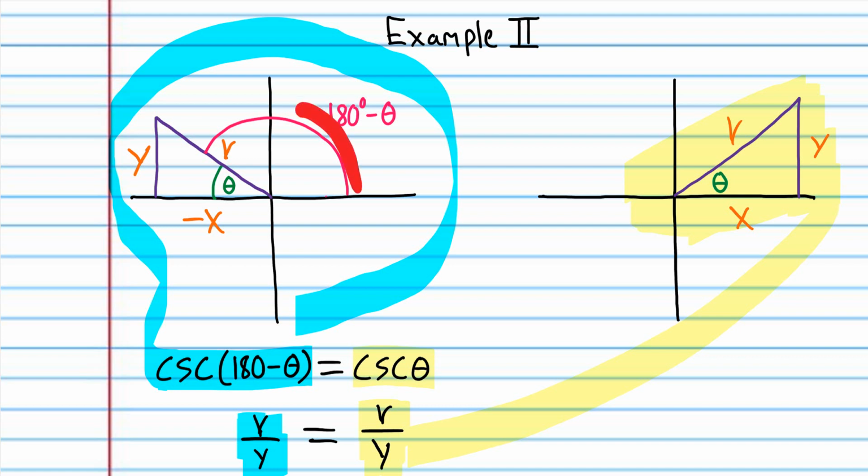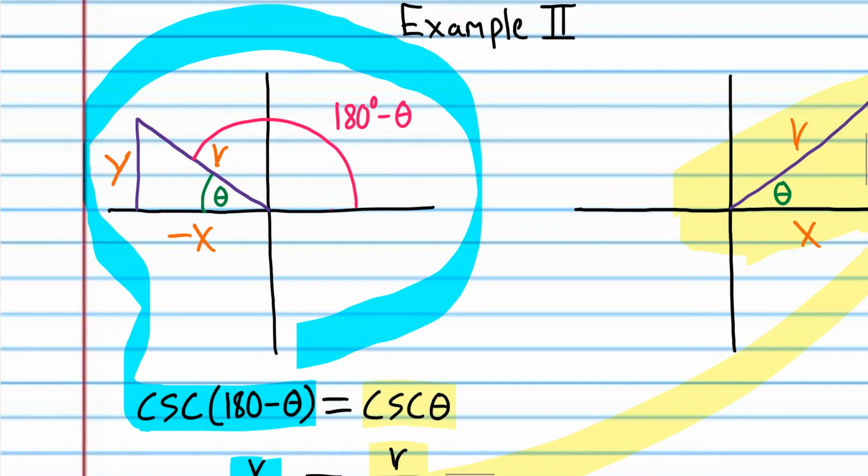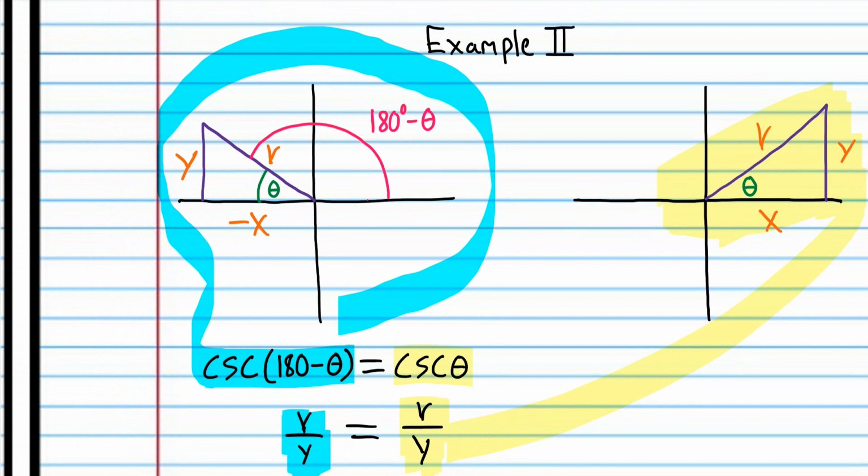So 180 degrees, then go backwards and end up here. I know that this is very confusing, but all you have to do is memorize those formulas. And if you don't want to memorize those formulas, we're going to learn some easier ways to recall those formulas.